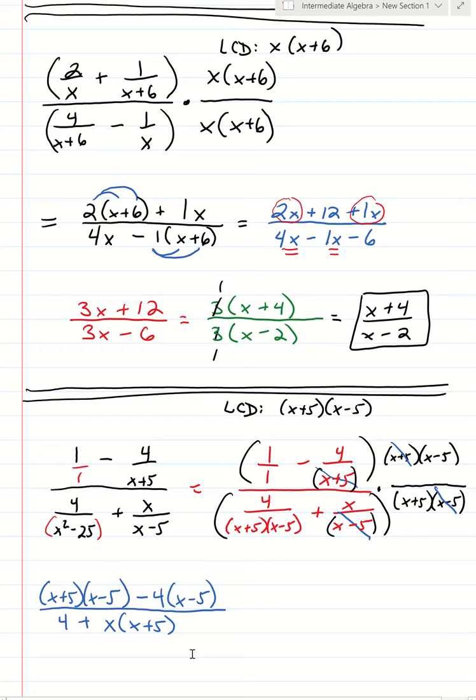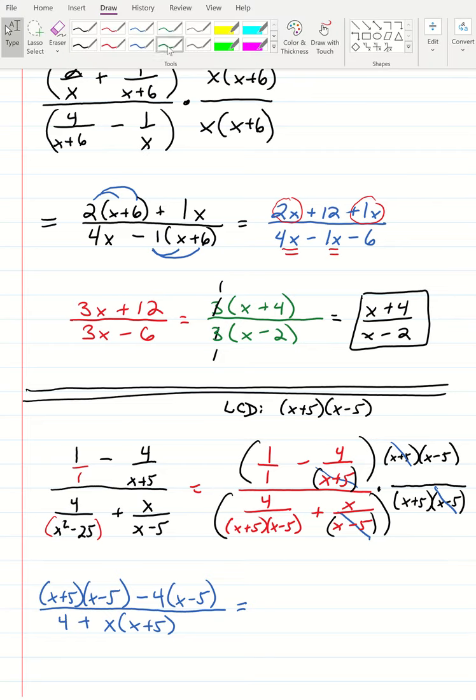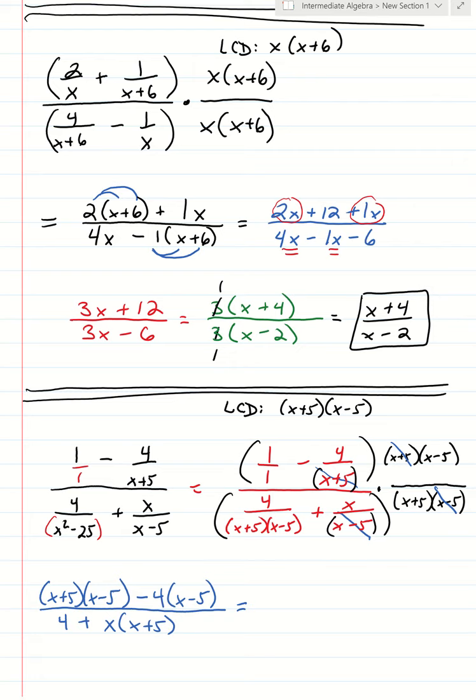So we cleared out all of the smaller fractions. But now we have to simplify what's in the numerator, and we need to simplify what's in the denominator. So let's do that. In the numerator, we're going to have to multiply these together, as well as I will distribute my negative 4.